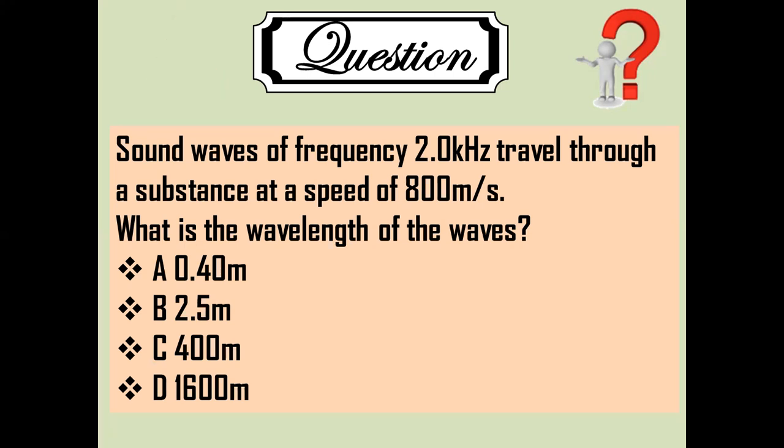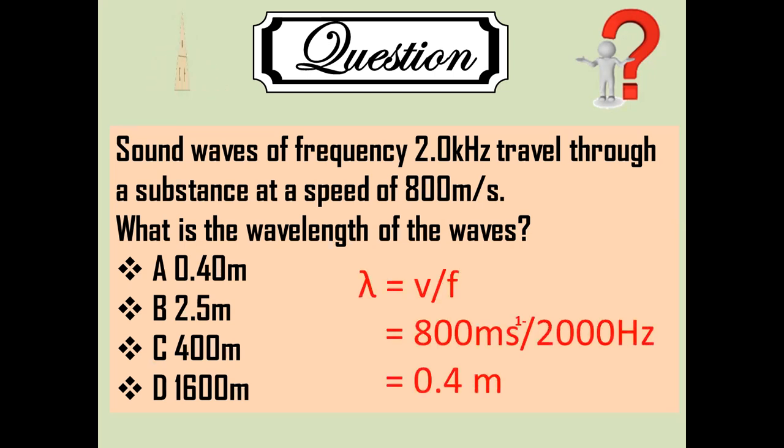According to the formula, lambda is equal to v over f. Here, the velocity is 800 meter per second, while the frequency is 2000 hertz. So the seconds cancel with the hertz, and 800 divided by 2,000 produces the answer 0.4 meter. A will be our correct answer.